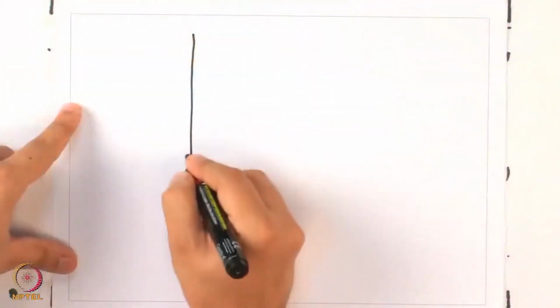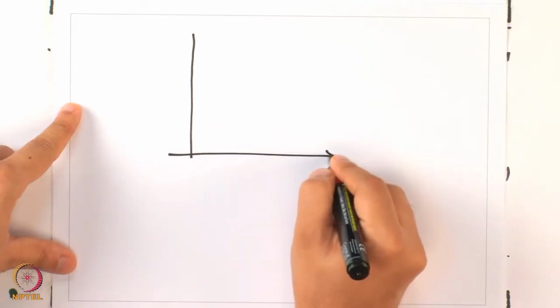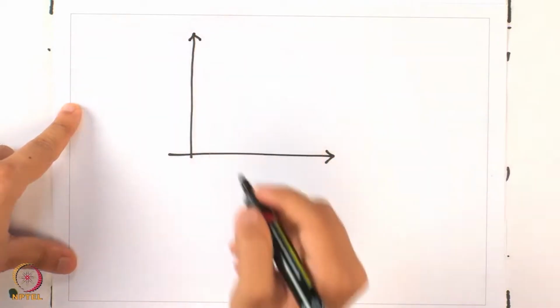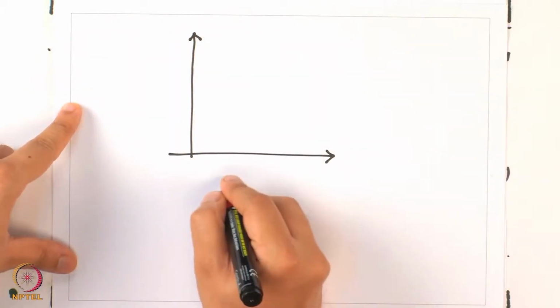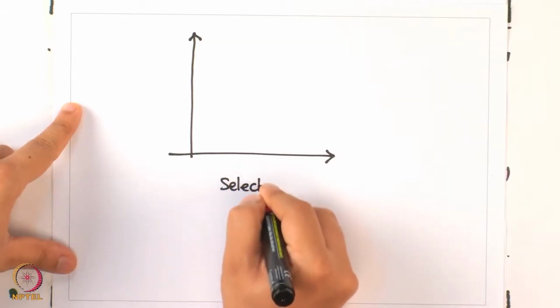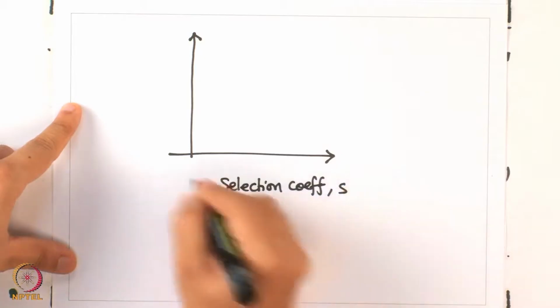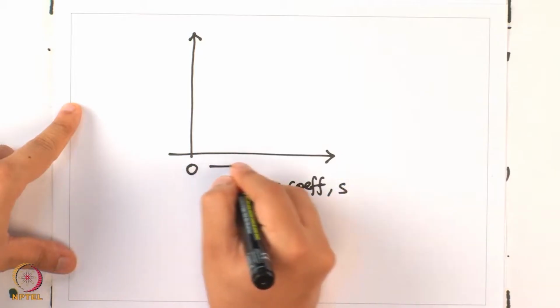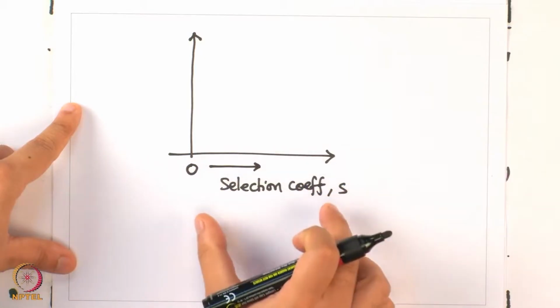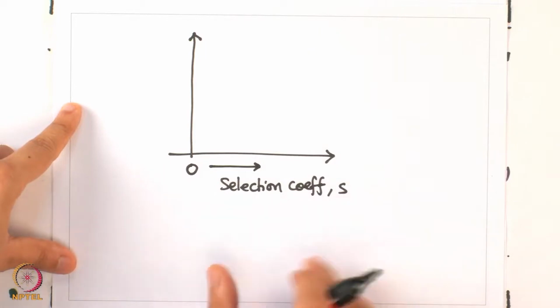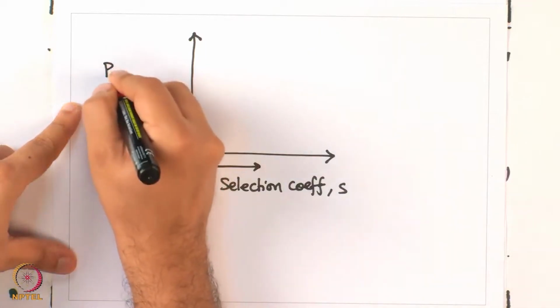And the graph that we had stopped at last time, hopefully you got a chance to think about that, has on the x axis the selection coefficient S, and S is 0 here, which means we are only talking of positive S which confers beneficial mutations, and the y axis is the probability.